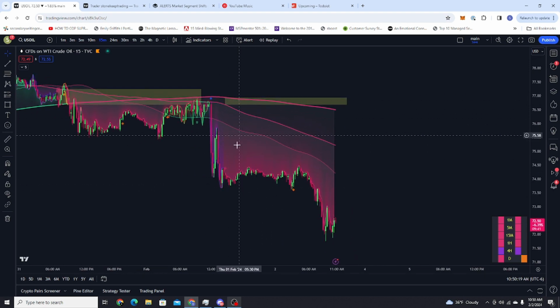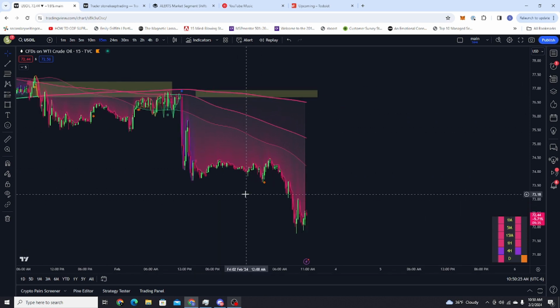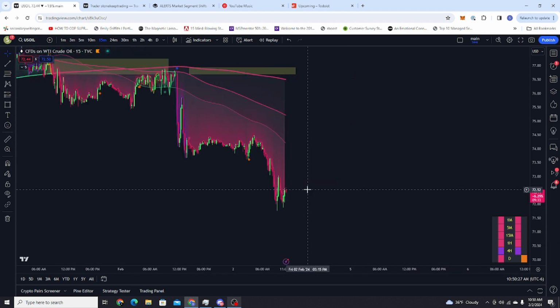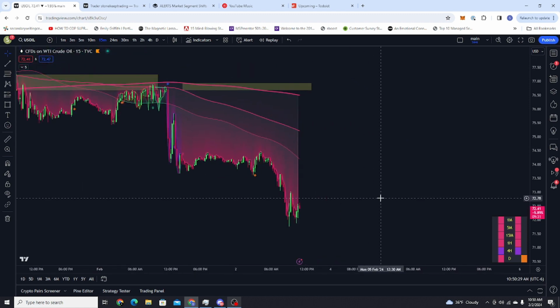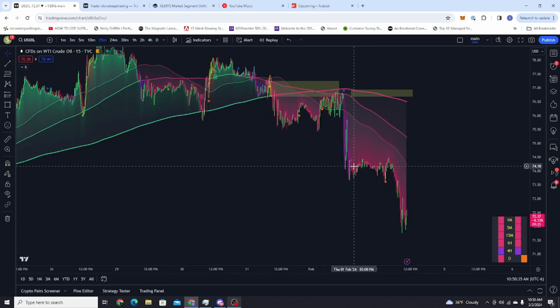But this is so far off where price is at. Even though this zone is really small, price is already so far off here. So while this trade would have played out, you have to be aware of that, and you really have to be mindful of your risk if you were to look for an entry on a setup like this.